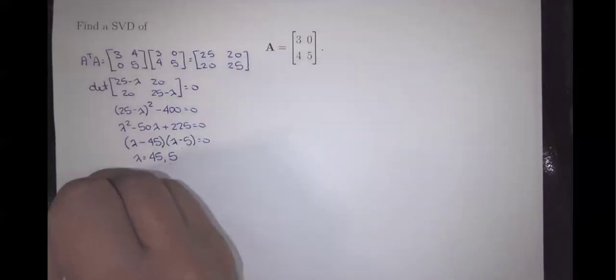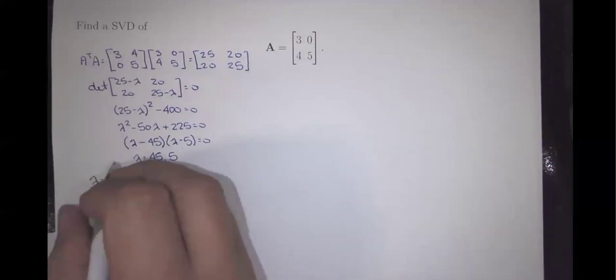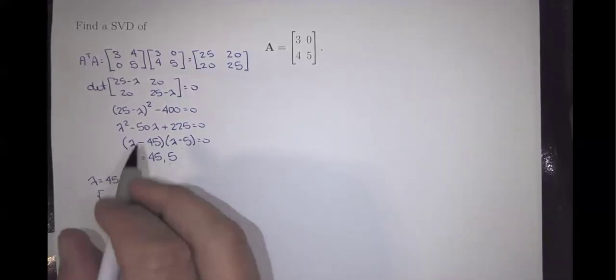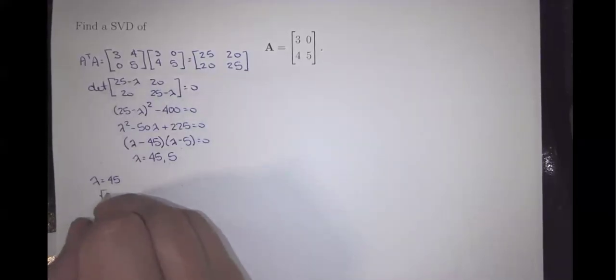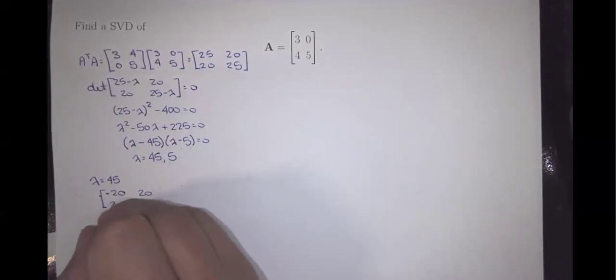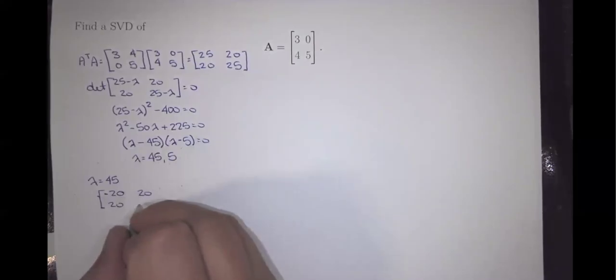When lambda is equal to 45, our eigenvector comes from the matrix. 25 minus 45 is negative 20, then 20, then 20, then 25 minus 45 is negative 20.